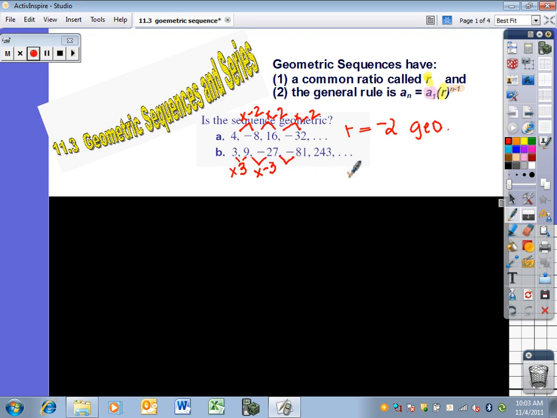Negative 27 to negative 81, multiply by 3. Negative 81 to 243, multiply by negative 3. So are we multiplying by the same number every single time? No. So we don't have a common ratio, so it is not geometric, since there is no common ratio.